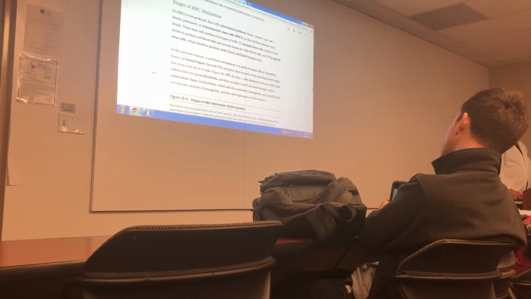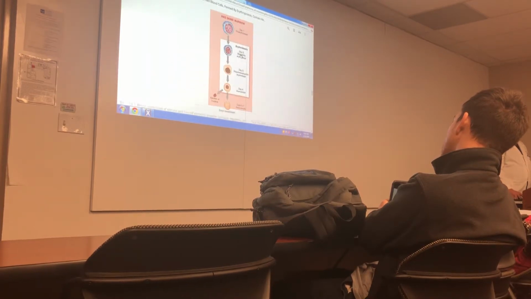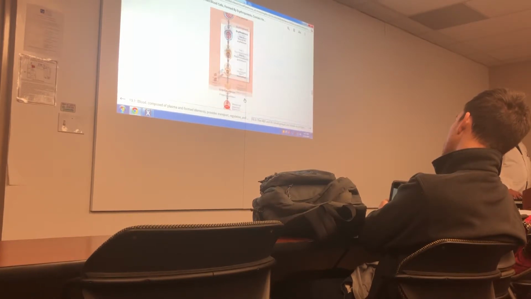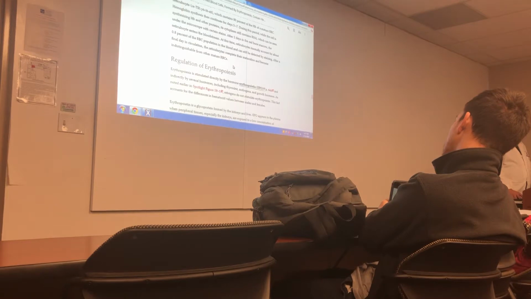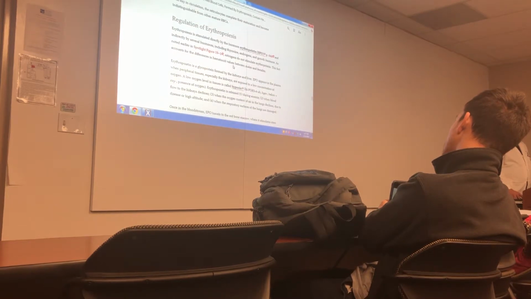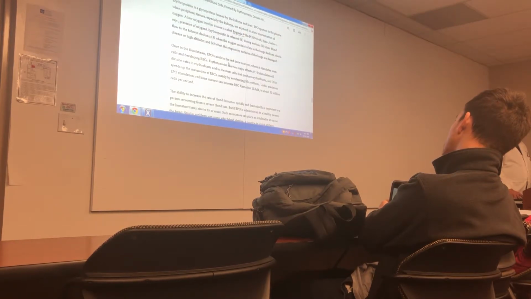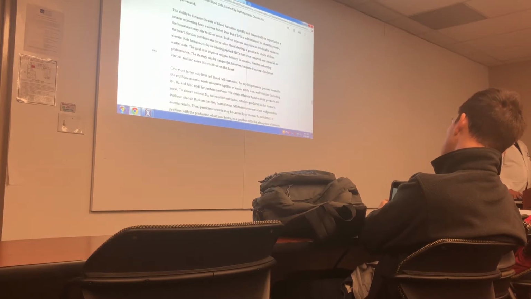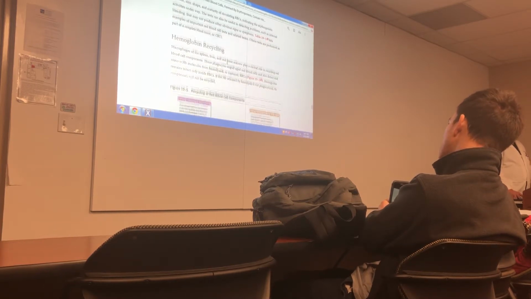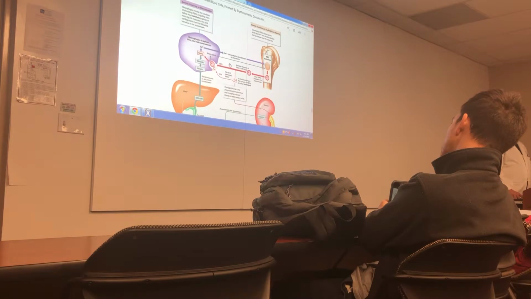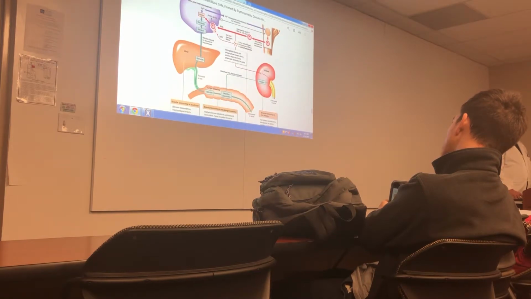So the stages of red blood cell maturation: there's that ejection at day 4, and then it becomes anucleate, and then it's a reticulocyte. There's the hypoxia again. It talks about blood doping. Hemoglobin recycling, you have to know how the process goes.